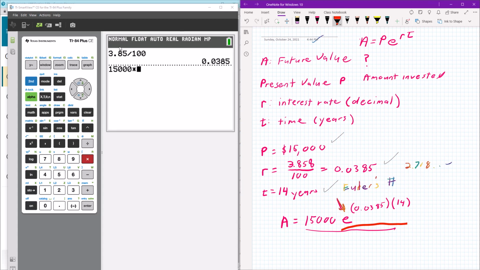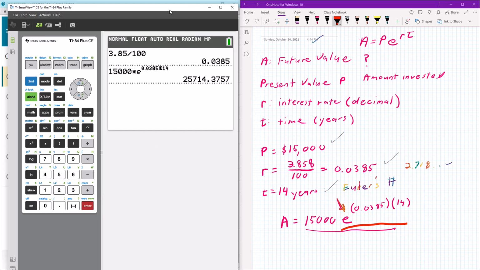So I'm going to come over here and do second ln, which gives me the e on my little exponent there. And up there, I'm going to type in 0.0385 times 14. Once I have all that in there, all I need to do is to hit enter, and that right there is my answer.